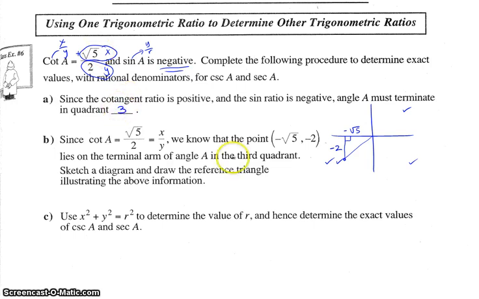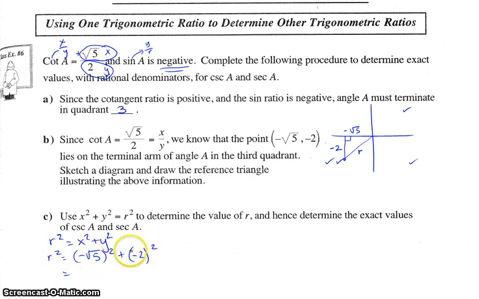Okay, and we basically already did what they talked about, labeling the diagram with the reference triangle. And now finally we need to figure out r. How are we going to do that? With Pythagorean theorem. So r squared is going to equal x squared plus y squared. It's like c squared equals a squared plus b squared. Okay, r squared would equal x, which is negative root 5 squared, plus y, negative 2 squared.